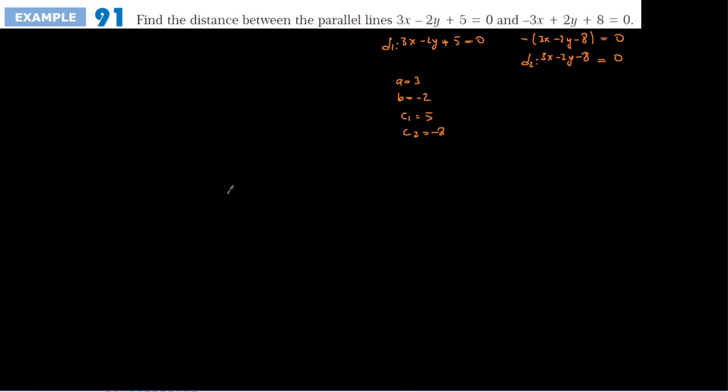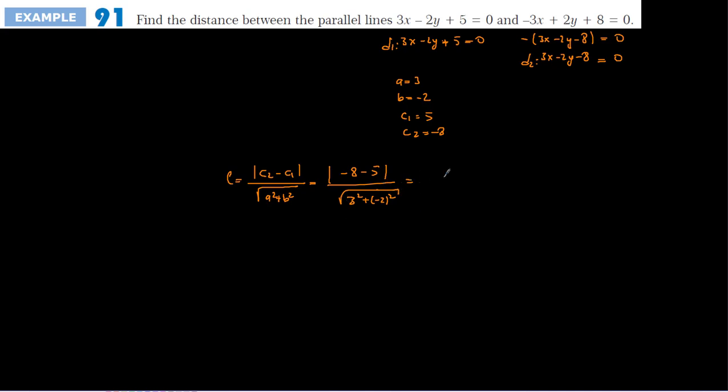The formula is L is equal to the absolute value of C2 minus C1 all over the square root of A squared plus B squared, which is equal to minus 8 minus 5 all over the square root of 3 squared plus minus 2 squared.